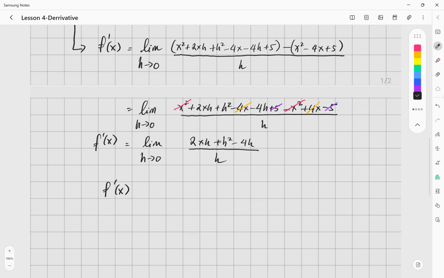F prime of x is equal to the limit as h approaches 0. You can factor out h because you have h in every term of the polynomial.